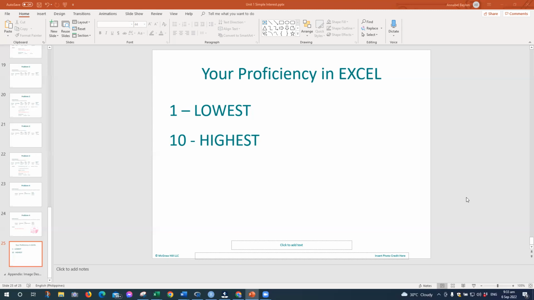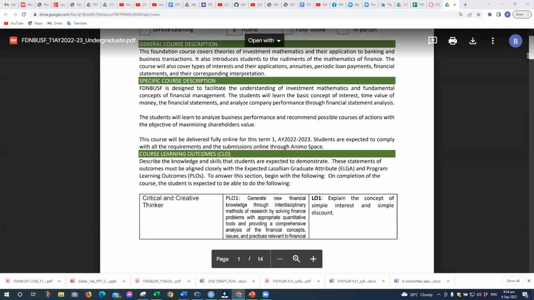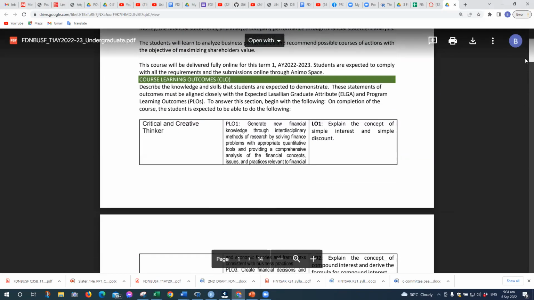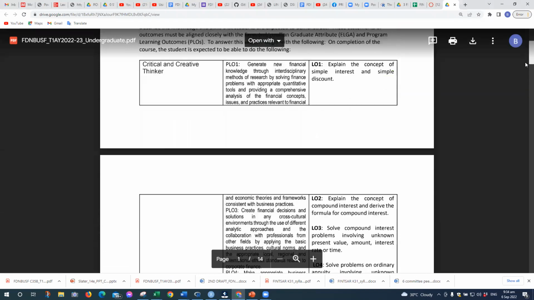But later we will still be online because we're not yet allowed to do face-to-face this week. So in that class, we will also be using calculator and Excel. But here in this class, it will be fully Excel. That's very good. Let me go back to what we were discussing. So this is fully online.